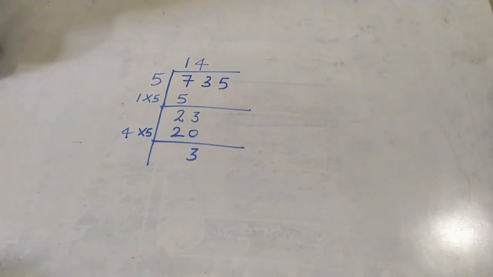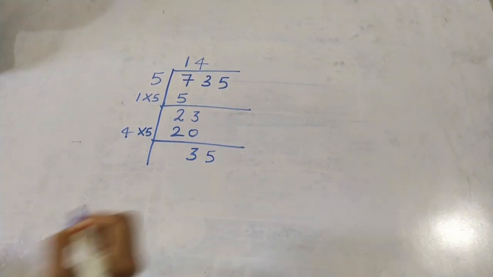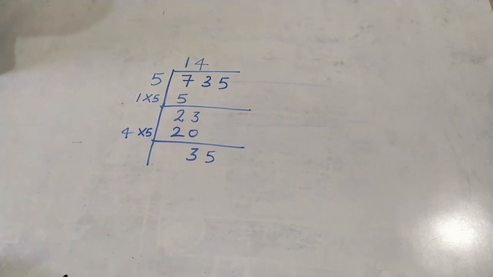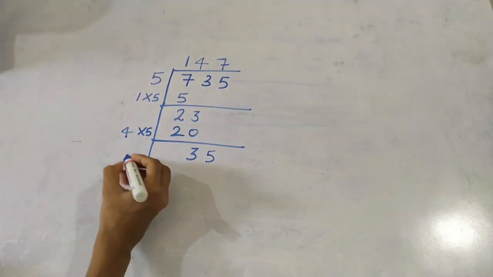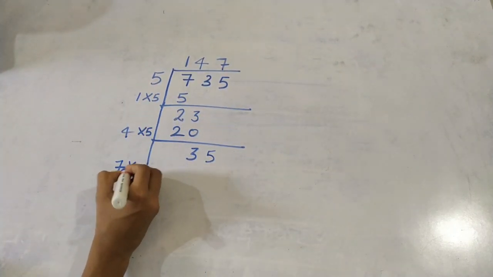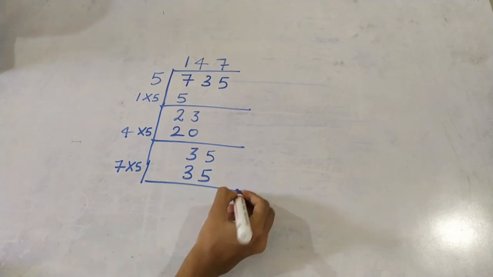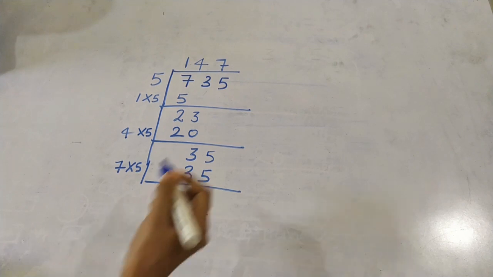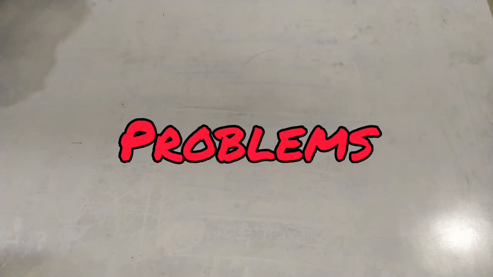I will not write anything there. Now I will write this 5 directly here. Now 35. In 35, how many 5s are there? 7. So I will write 7 here. 7 into 5, 35. Now everything is 0. Okay. So the answer is 147.